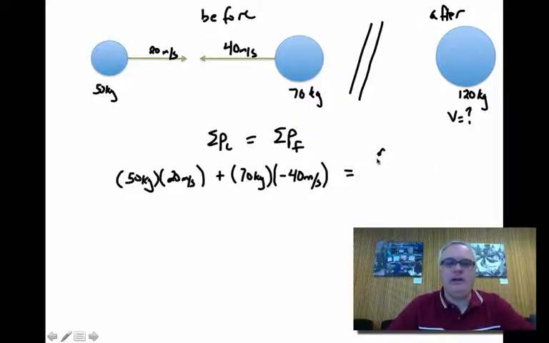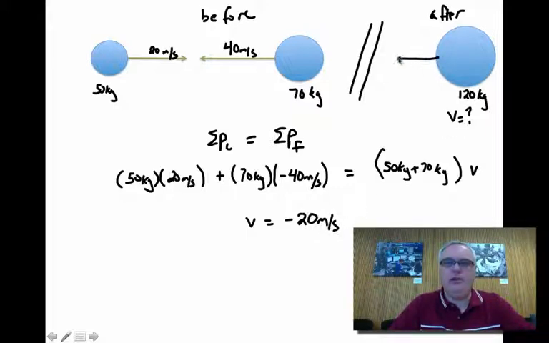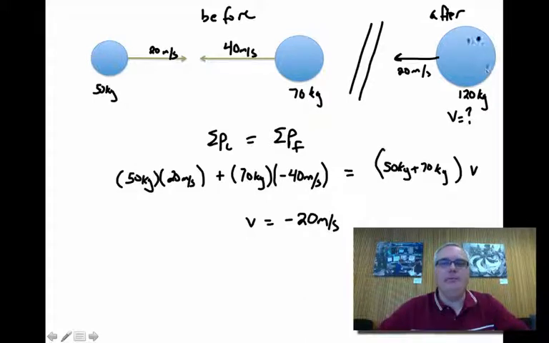And then on this side, I'm going to have my 50 kilograms plus 70, that's the 120 that we wrote before, traveling at some unknown speed. And what we get is, again, the object is traveling in the negative direction at 20 meters per second. So after the collision, this ball keeps going this way, but at 20 meters per second. Right? The combined mass.